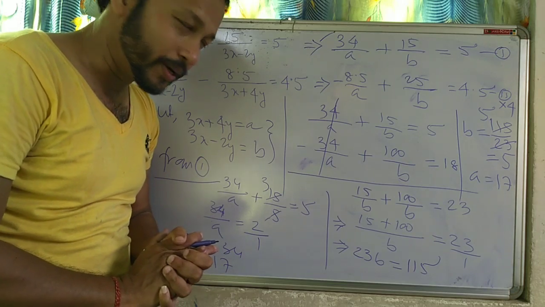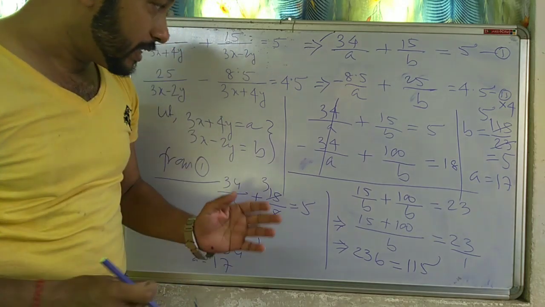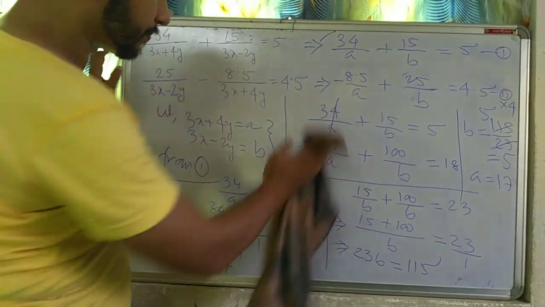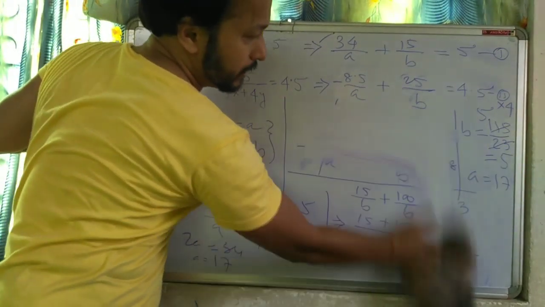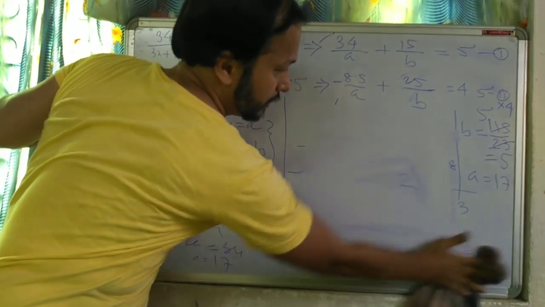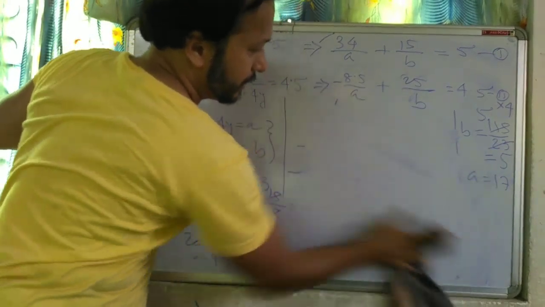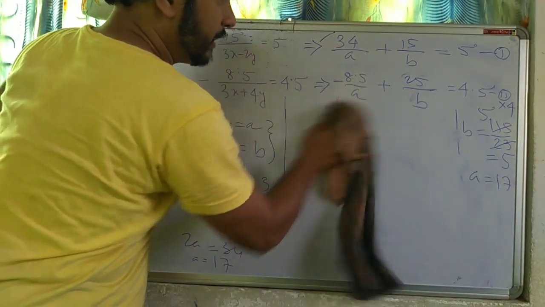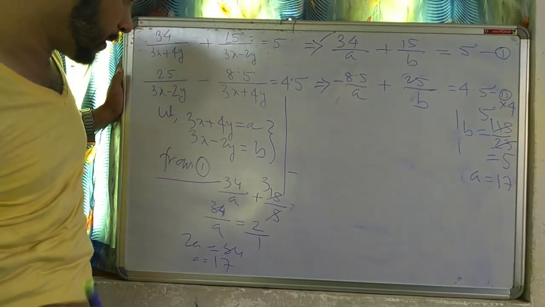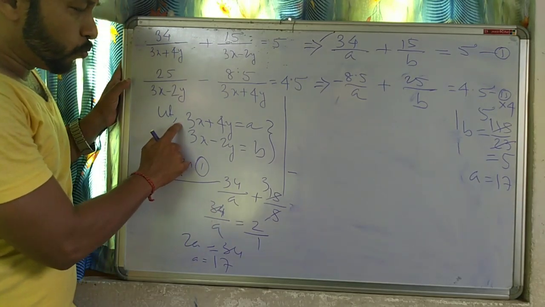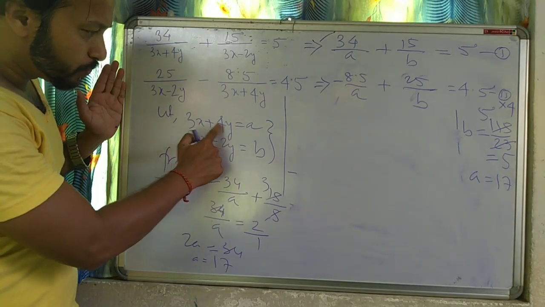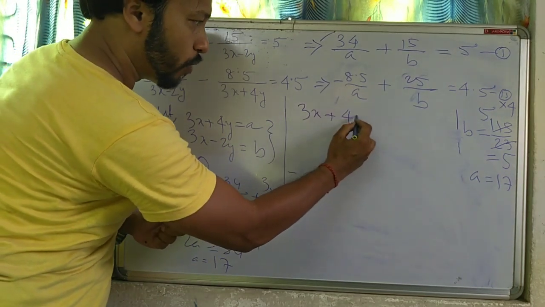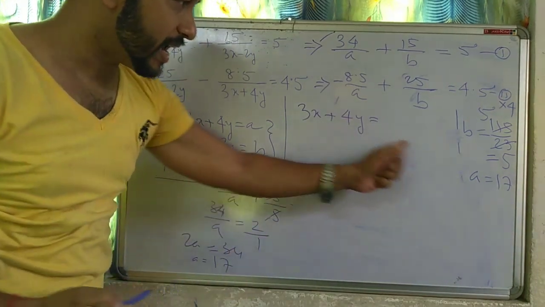Let's do it. Since we don't have space here, let me rub that. Yeah, this much is enough. Now see this, what we considered: 3x plus 4y equal to a. So 3x plus 4y equal to a. What is a? 17.